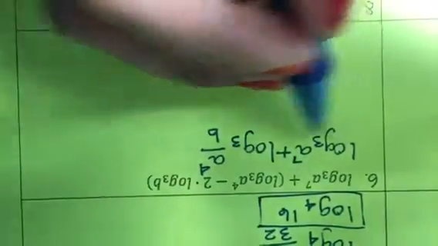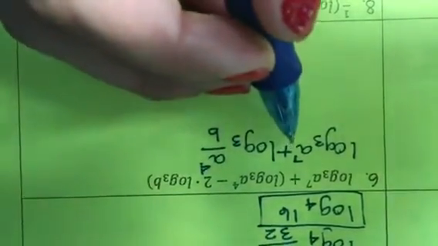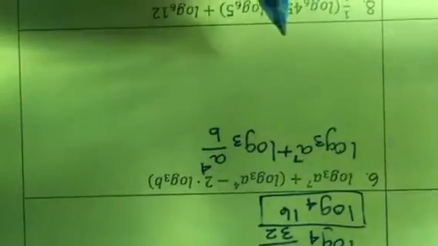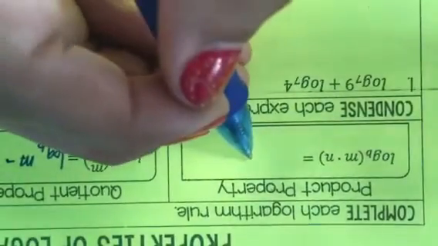Next, I see that I have 2 logarithms separated by an addition sign. Now, when I see addition, it makes me think of the product property of logarithms, which I haven't filled in yet. The product property of logarithms requires you to separate 2 numbers, 2 factors, in here, into 2 separate logarithms divided by a plus sign.